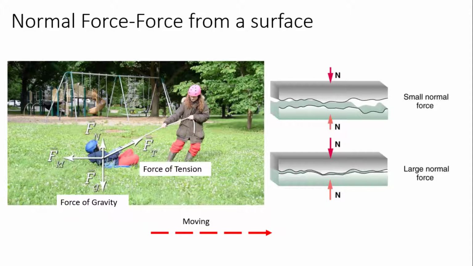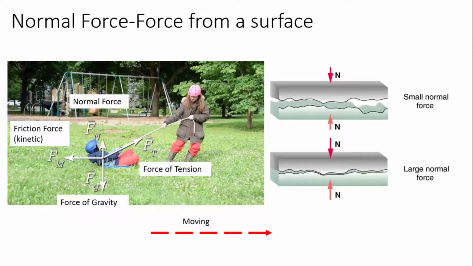Well, in reaction to those, we have the normal force, which is the force from the ground. The fact that the sledder is not going to the center of the earth, even though gravity's pulling him that way, is because the surface pushing up is that normal force.